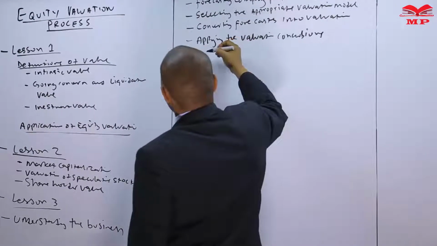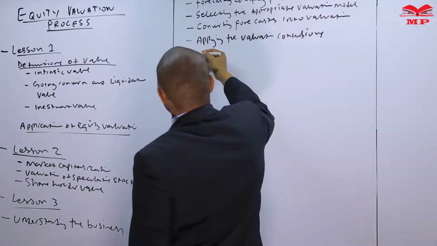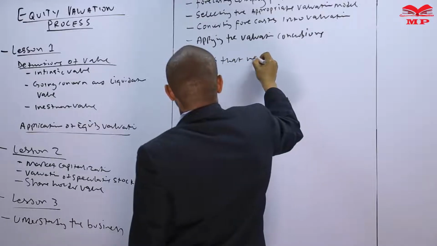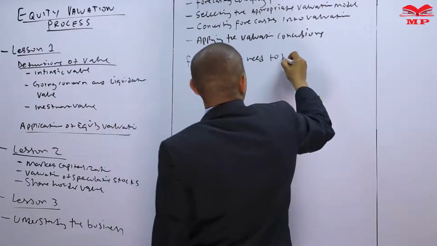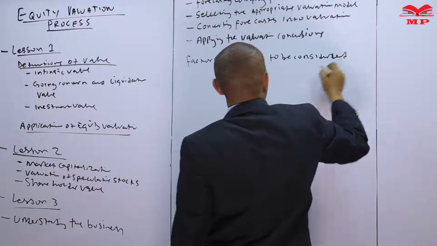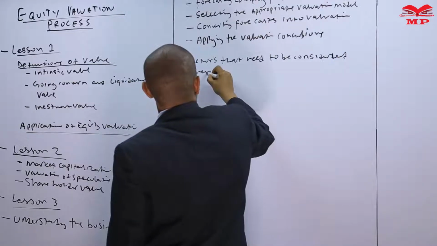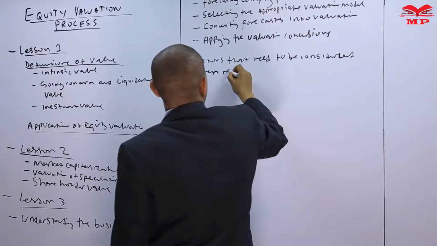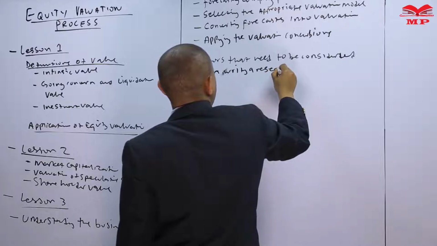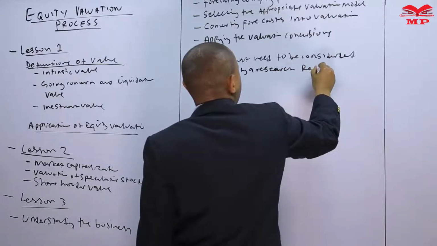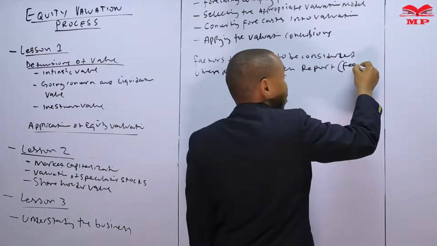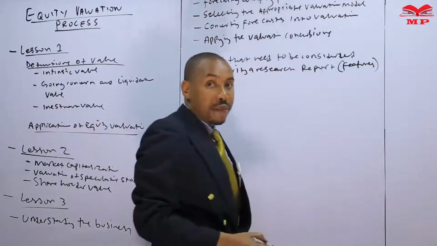After we have covered the steps in equity valuation, we'll move ahead and look at the factors that need to be considered when writing a research report. We can summarize this and say, more precisely, the features of a research report.